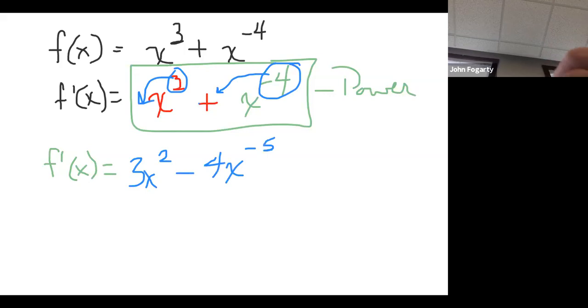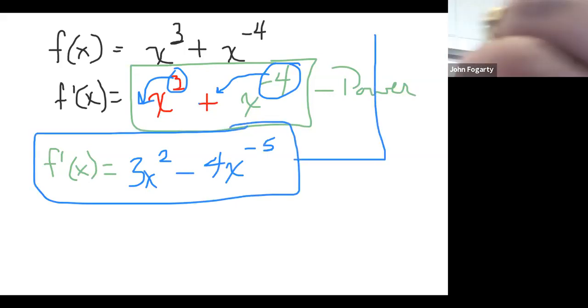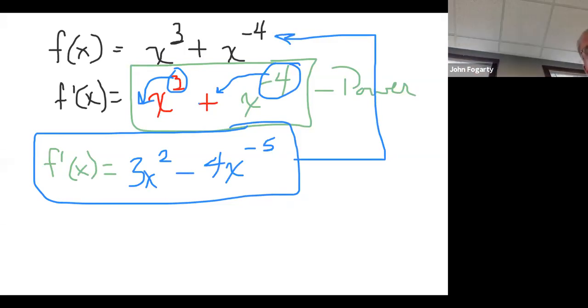Negative 5. So this expression is the derivative of that expression. All you do is take your polynomial and find the derivative of each term. All you got to do is use the rules you know. Guess what you don't have to do? You don't have to use the limit definition. All righty? Let's try another one.